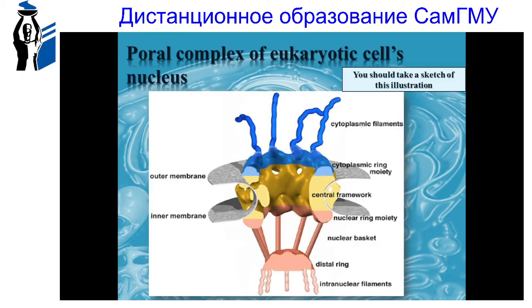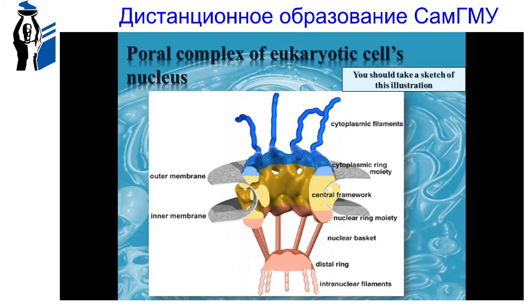Nuclear pores or nuclear pore complexes are large protein complexes that penetrate the nuclear membrane and transport macromolecules between the cytoplasm and the cell nucleus. The transfer of molecules from the nucleus to the cytoplasm and in the opposite direction is called nucleocytoplasmic transport.